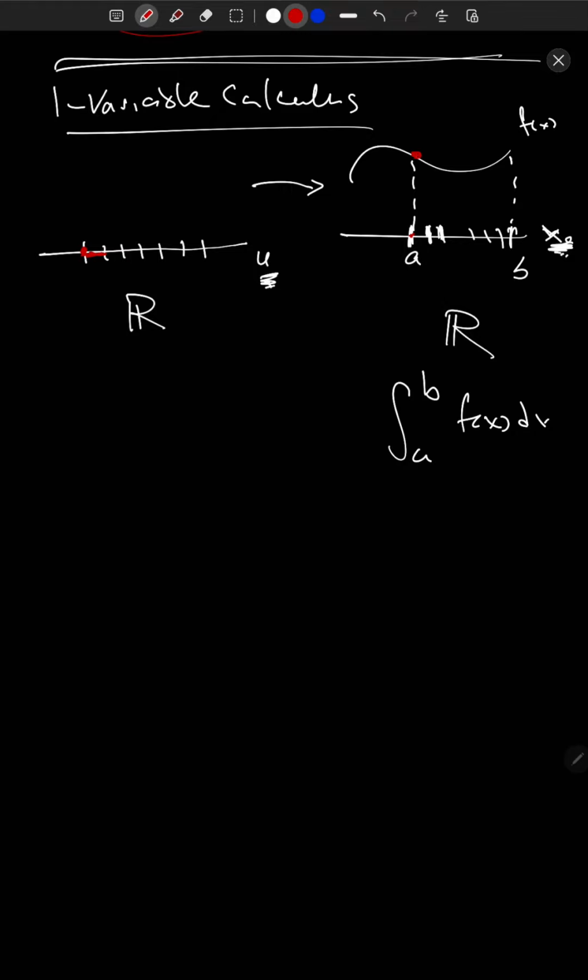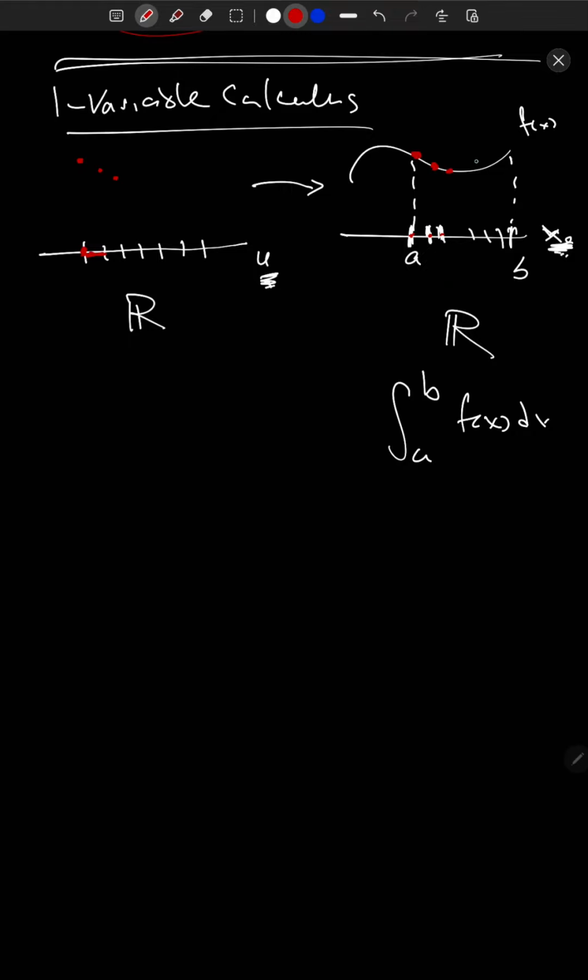The height at a is that value, so I'm going to keep the same value on this side. The next guy, I'm going to take the height right there. If that's height 3, then I'm going to have height 3 on this side. This guy corresponds to the second hash mark, and the third hash mark right there. So here I do that, same height. Let me try to make it the same height in this picture.